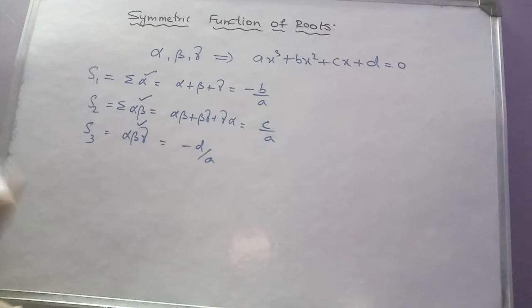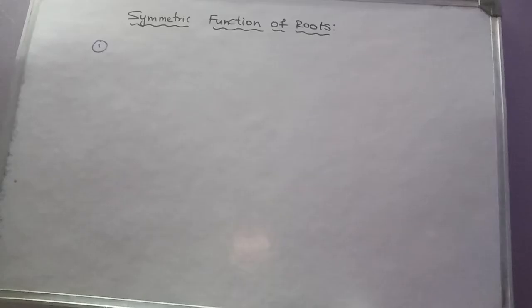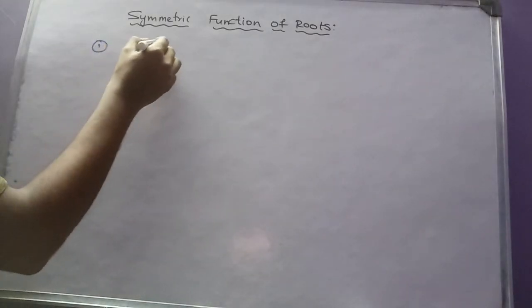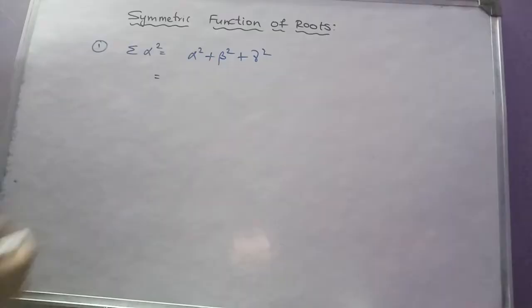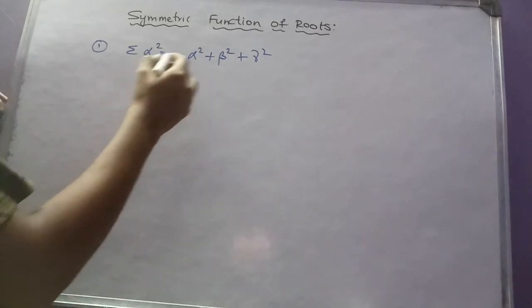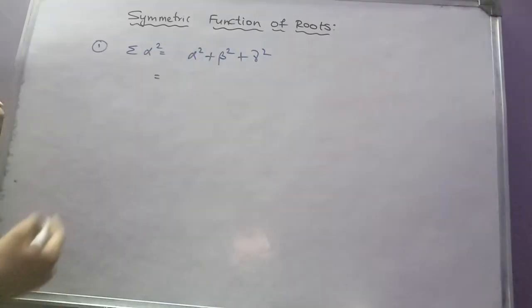First of all, let us start deriving. I'll first derive sigma alpha square, which is nothing but alpha square plus beta square plus gamma square. We should remember the identities that we have learnt in the chapter of polynomials in 9th standard. Do you remember those identities? So what is a square plus b square plus c square?